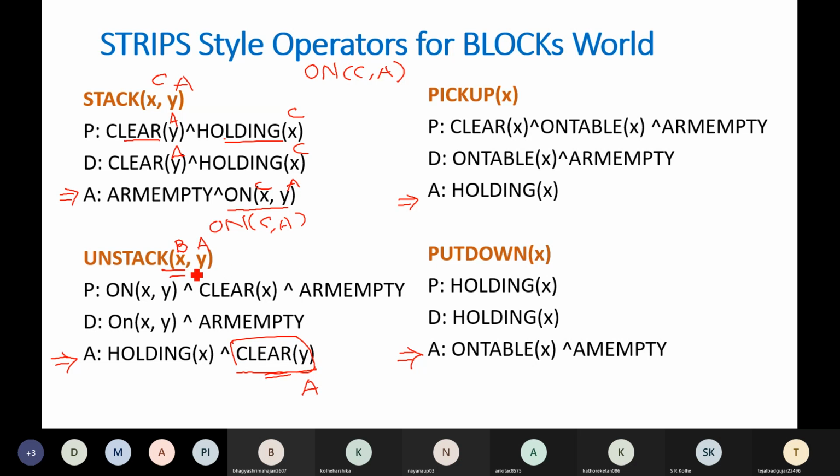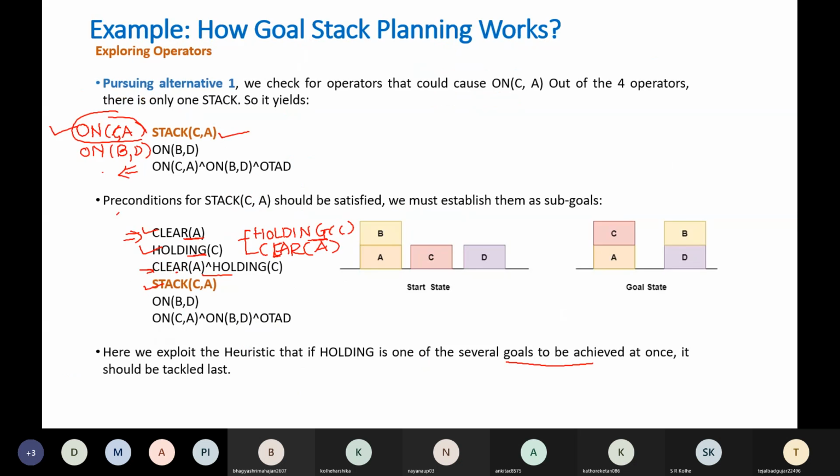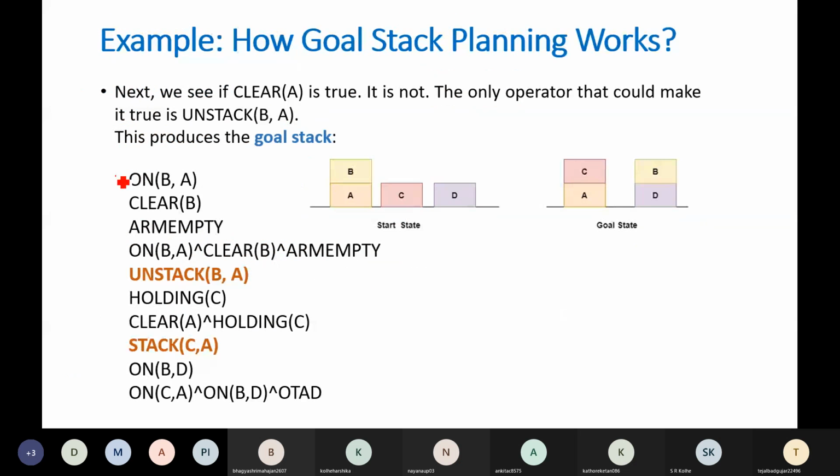To perform the unstack BA operation, this precondition has to be true. Now what is this? X is B, Y is A. Okay. So on BA should be true. Clear B should be true and arm should be empty. So on BA, clear B, arm empty. This has to be true.